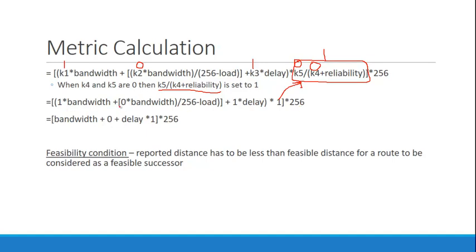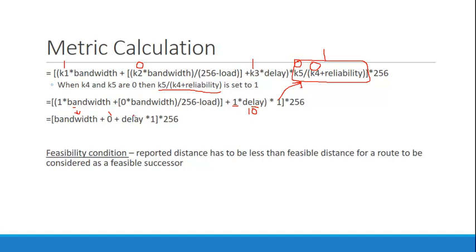We have 0 times bandwidth, and anything times 0 is 0. 1 times the bandwidth ends up just being the bandwidth. 0 times anything divided by whatever this is doesn't matter, because it ends up being 0, plus 1 times the delay. 1 times anything ends up being the same number, so if delay was 10, then 1 times 10 still ends up being the delay of 10.